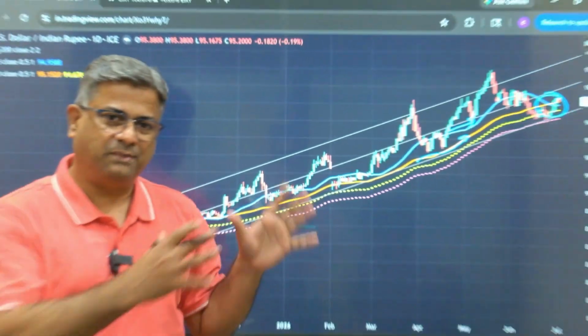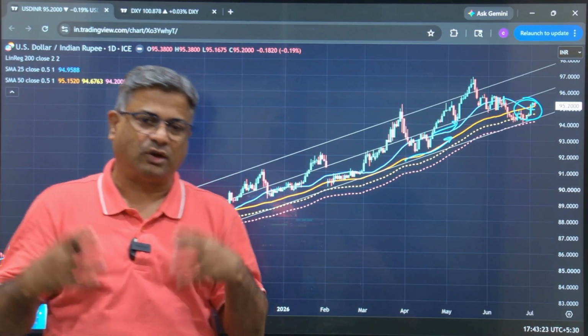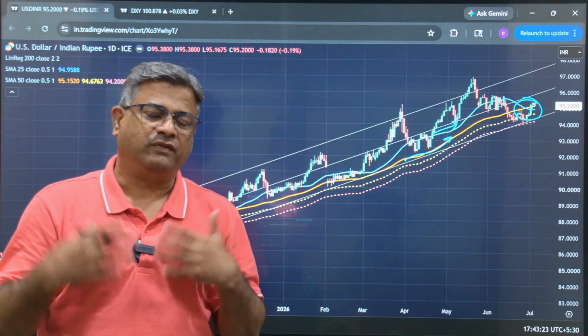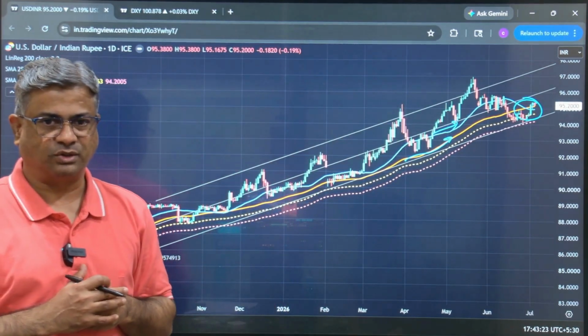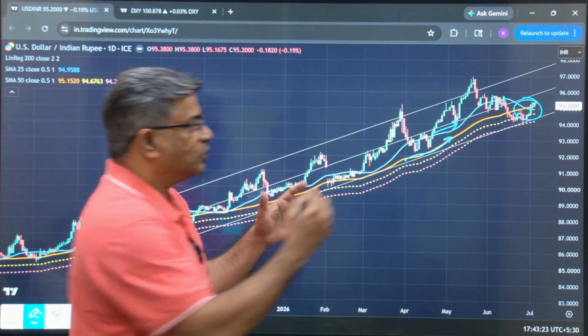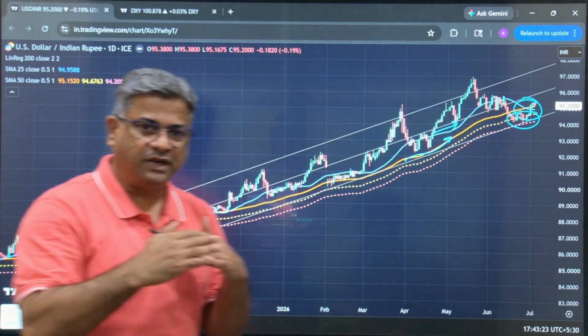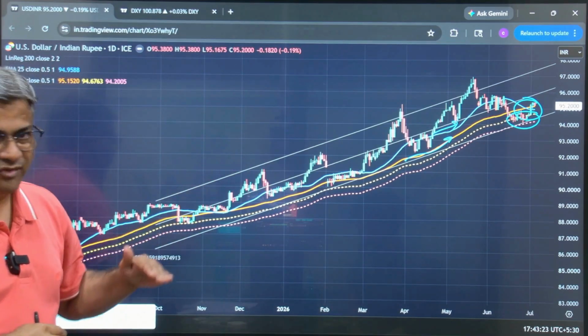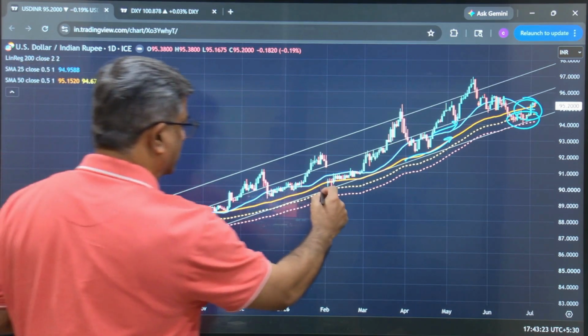What I want to tell you about dollar INR, correlating to the dollar index, is that we feel the dollar index might go higher. If the dollar strengthens, then obviously we will see some pressure on the rupee. Here, what we have seen multiple times is the 50-day moving average and the half percentage filter acting as very good support indicators.